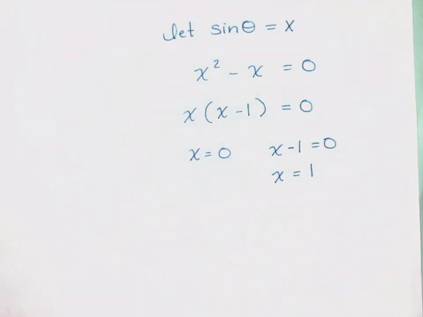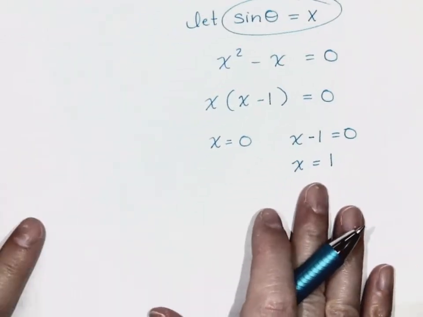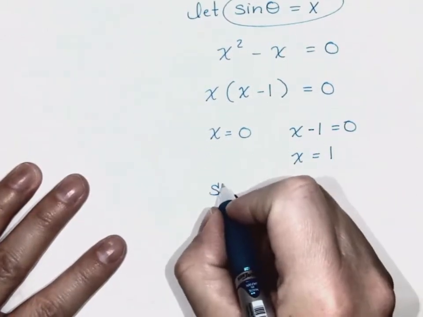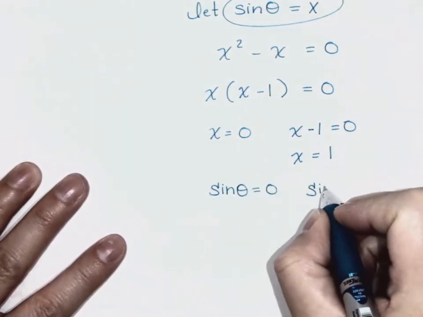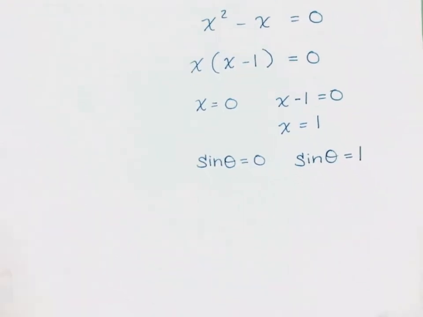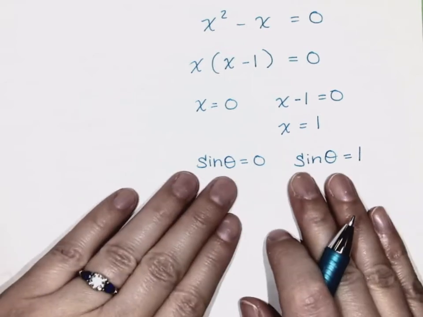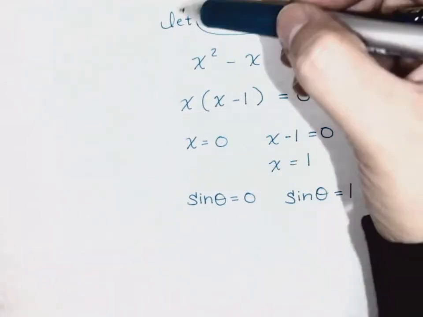What did x equal up at the top? What did I say x was equal to? So we're going to say sine theta is equal to 0, and sine theta is equal to 1. And now we're going to solve it from here. So now we're back to 4.5. So this portion up here was 4.6.